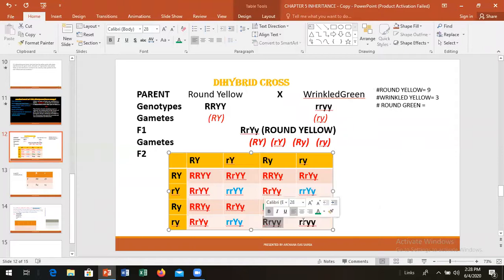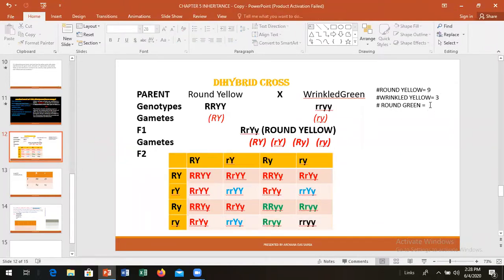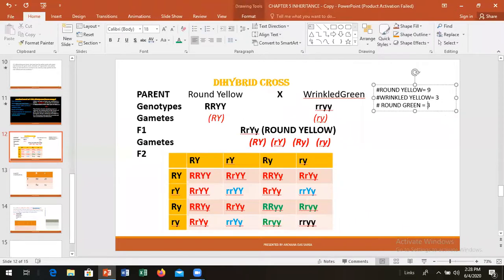Even this will be round green. How many? 3. Now what is left? Wrinkled green, like the parent. How many? Only 1 is left, wrinkled green.